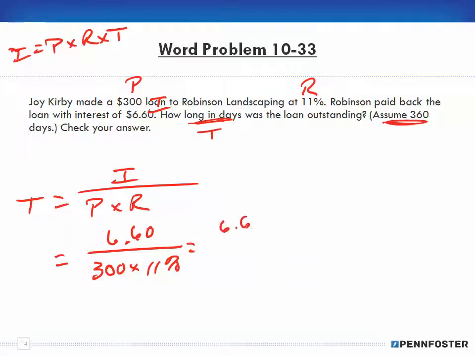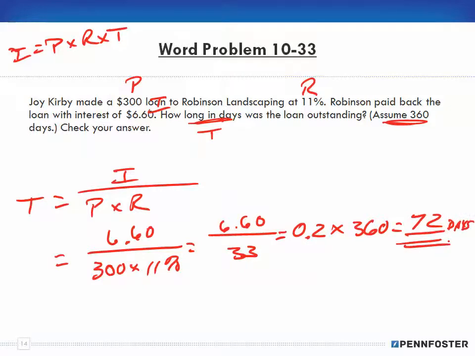So 660 over 300 times 11% is 33. So 660 divided by 33 is equal to 0.2. Okay, and since we're assuming 360 days, we multiply by the 360, and 0.2 times 360 comes out to 72 days.